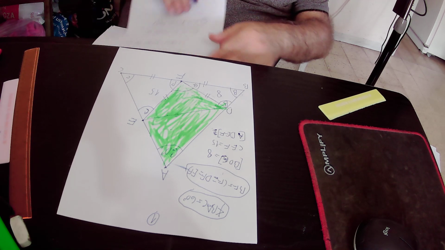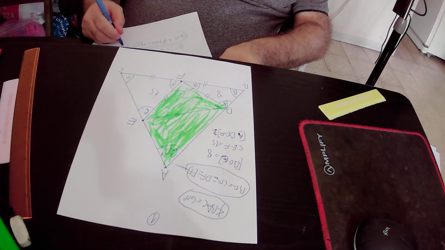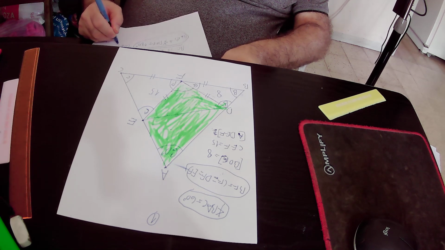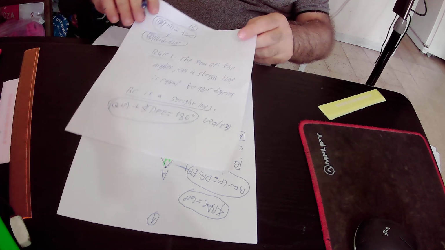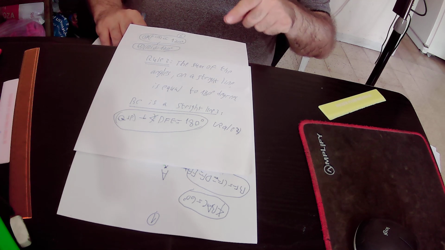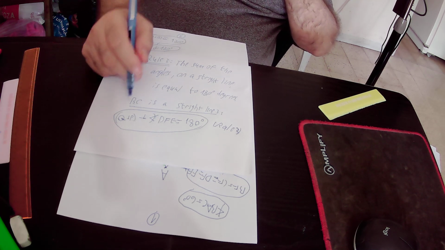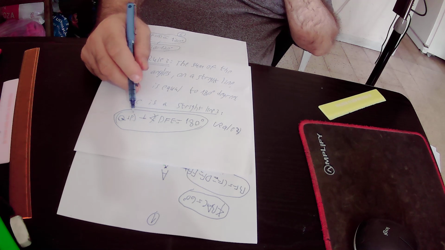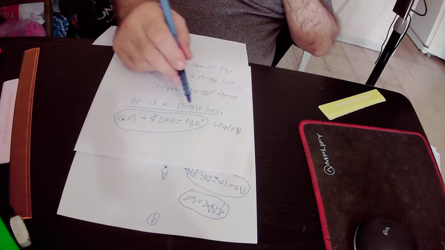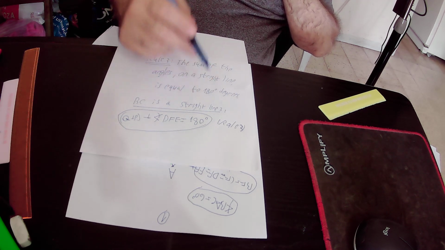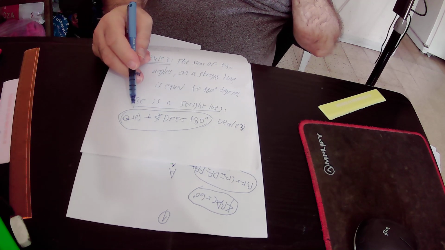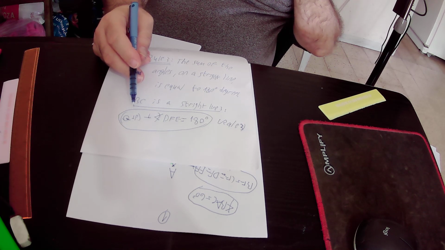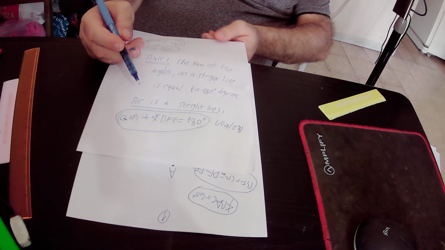Okay, again, according to rule number 3, the sum of the angles on the straight line BC must be equal to 180 degrees. So that is to say Q plus P plus angle DFE must be equal to 180 degrees according to rule number 3. So here we know that Q plus P equals 120 degrees according to equation number 2.